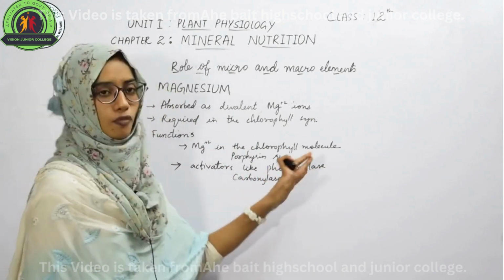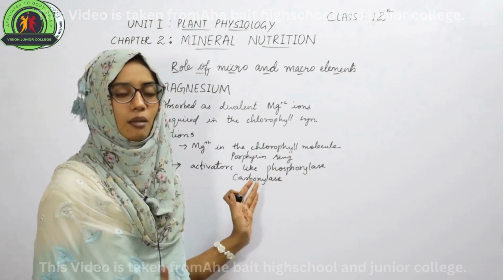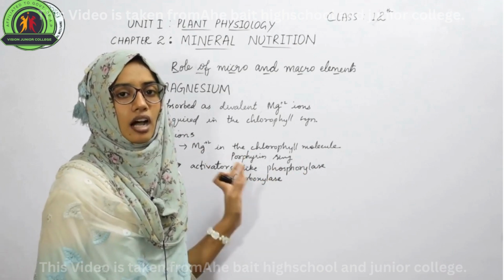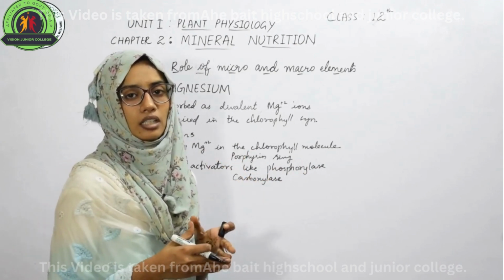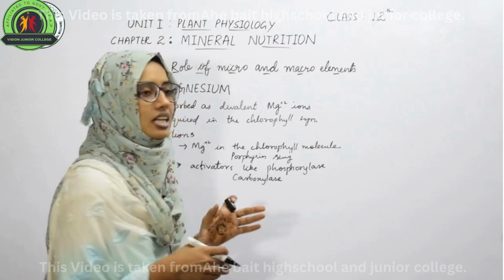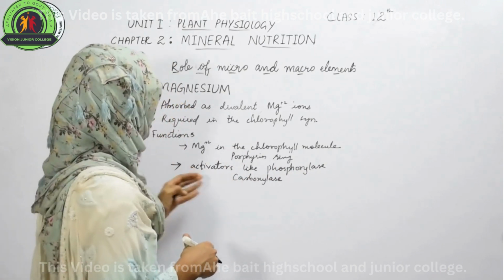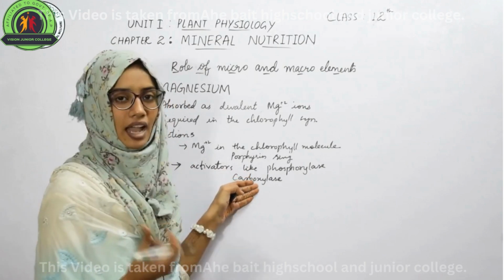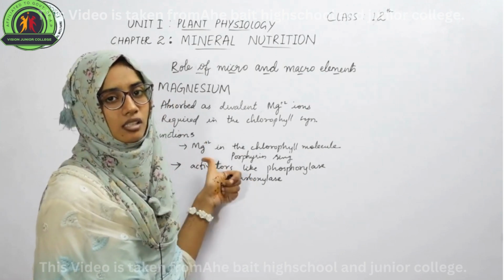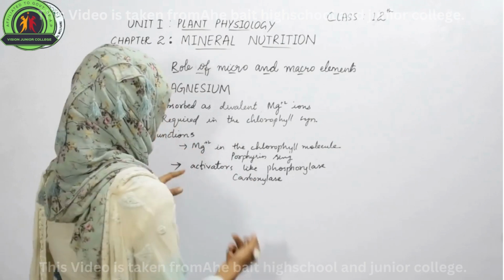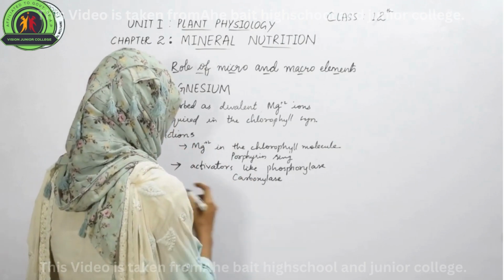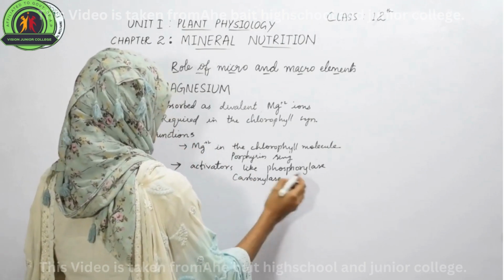The enzymes phosphorylase, carboxylase and many other enzymes are involved in processes like respiration and photosynthesis. So these enzymes are activated only in the presence of magnesium ion, and hence magnesium acts as an activator of enzymes.